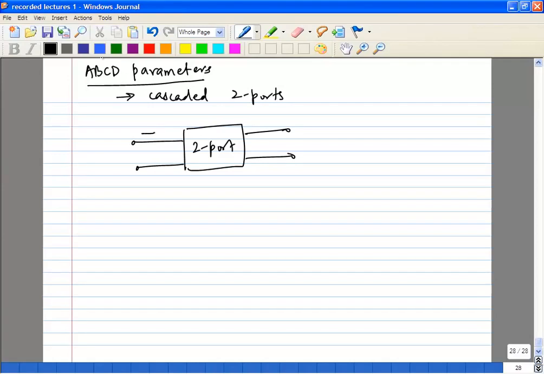The only thing to remember is, you define I1 as the current going in and V1 as the voltage at the input port, and V2 is the voltage at the output port. The important thing to note is that I2 is now defined as the current leaving the port. So it's the opposite direction as what we normally assume for two port, let's say Z, Y, H and G parameters.